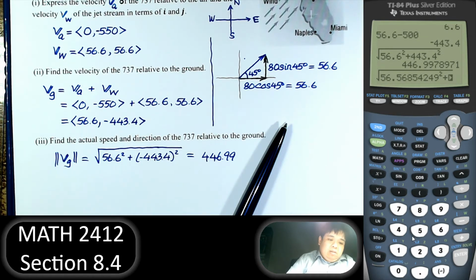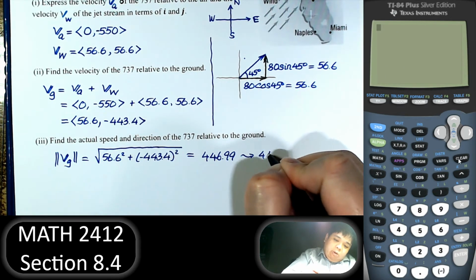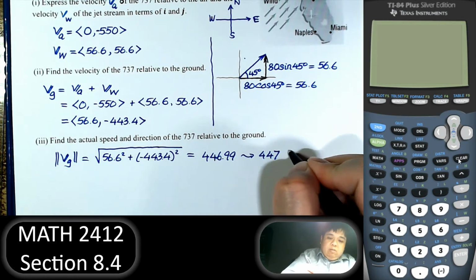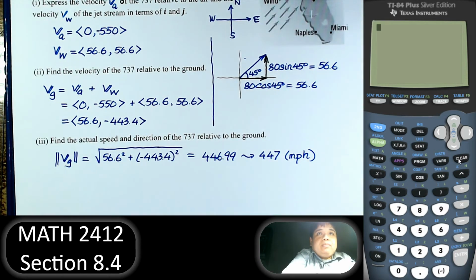We round this up anyway, so that's about 447 miles per hour. So that is the speed.